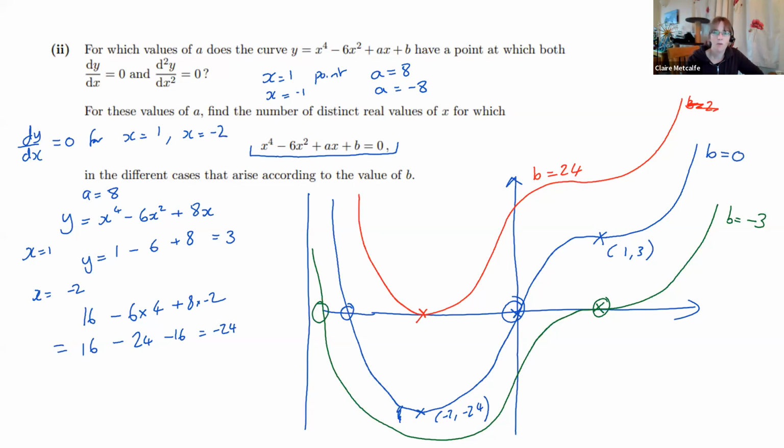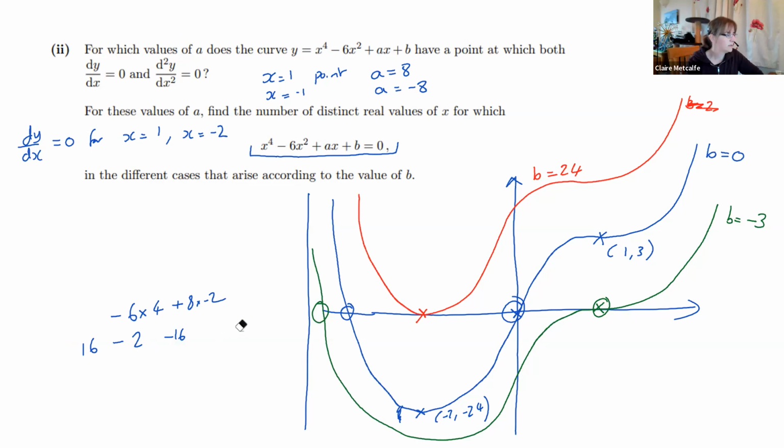Okay, so the cases here are, just clear some space. When b is bigger than 24, we have no roots.